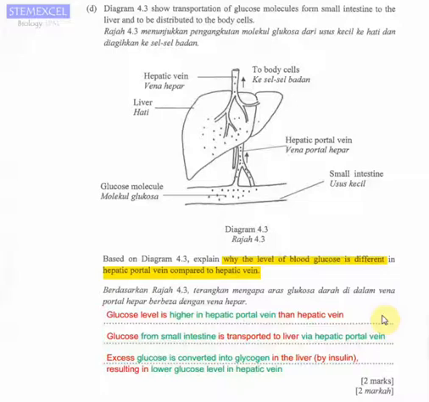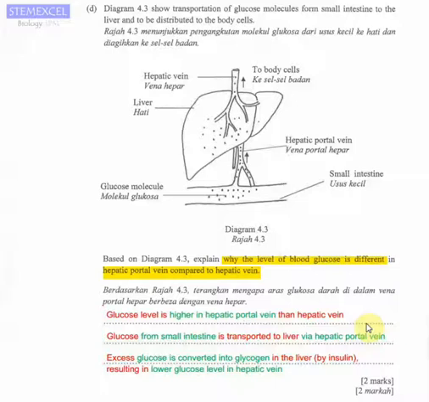Because it says that the blood glucose level is different, you have to say which of these has a higher one and which has a lower one. You see that the glucose molecule is coming from this direction through here, and afterwards through the liver, and only then to the hepatic vein, which means the hepatic portal vein would have more glucose compared to the hepatic vein.